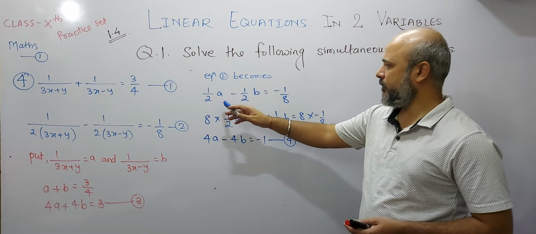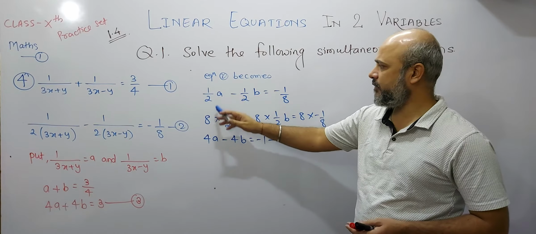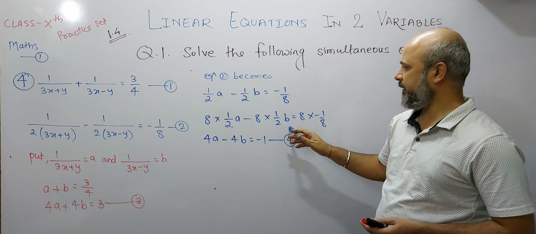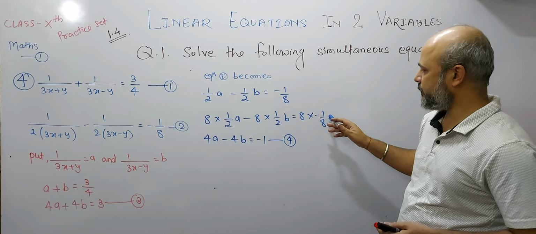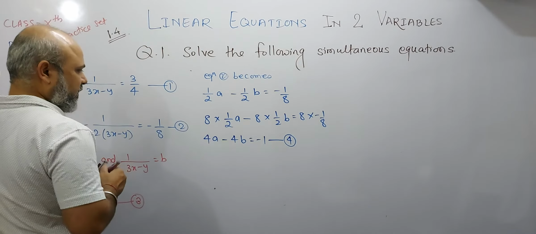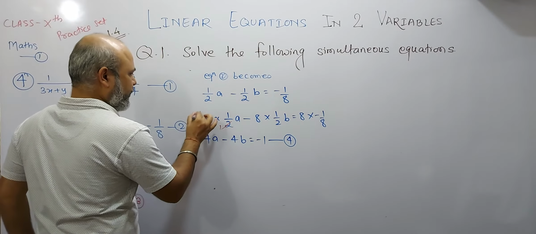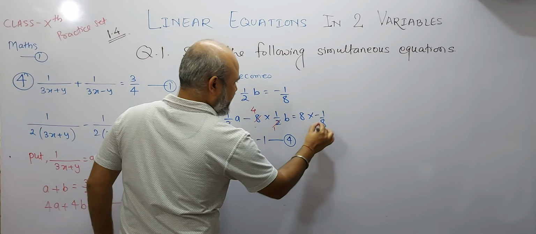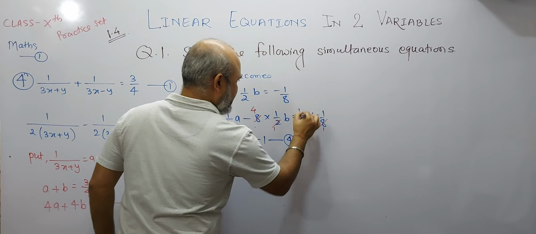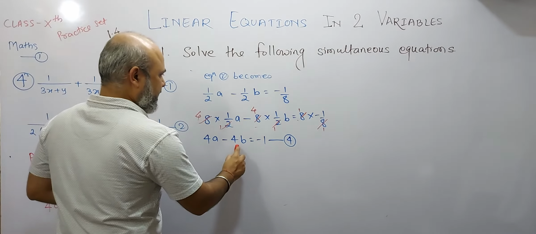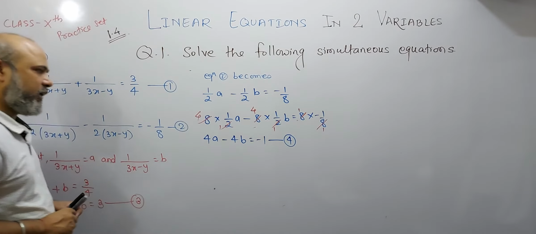Here also you have to multiply each term by 8. So 8 multiplied by 1 by 2a minus 8 multiplied by 1 by 2b is equal to 8 multiplied by minus 1 by 8. Now here 2 ones are 2 and 2 fours are 8. Similarly, this will be 2 ones are 2, 2 fours are 8, and 8 ones are 8 and 8 ones are 8. This will cancel out. So what you will get? You will get here 4a minus 4b is equal to minus 1.